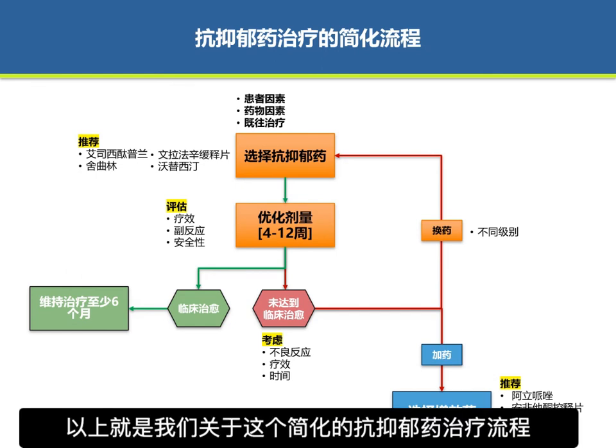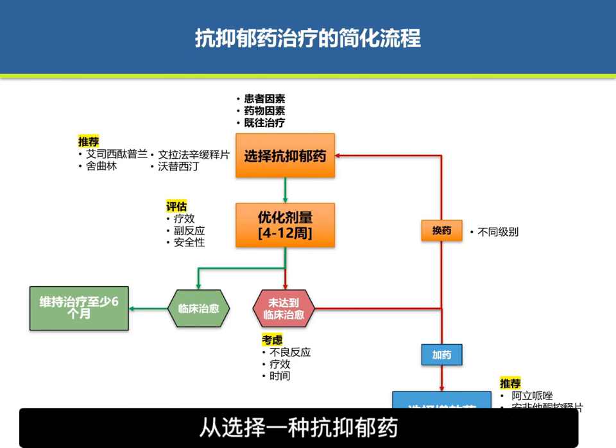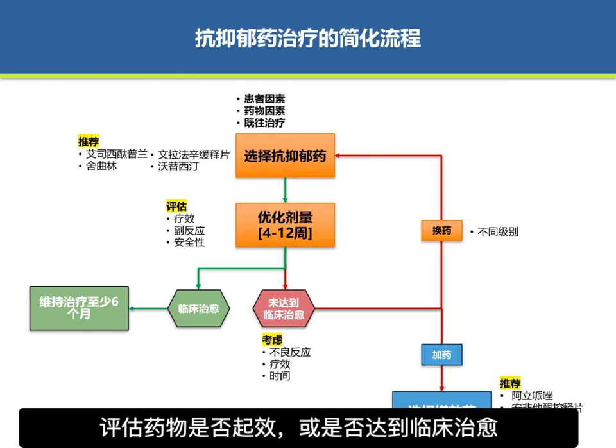So that completes our discussion of this simplified medication algorithm for antidepressants, starting with selecting an antidepressant, going on to optimizing and increasing the dose, evaluating whether patients have a response or remission to their medication.